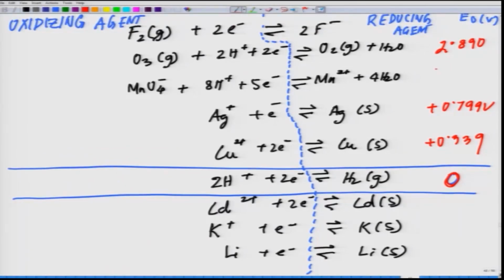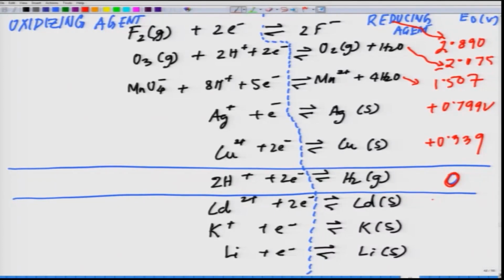Similarly, for oxygen, which is 2.075. For manganese, it is MnO4 minus, it is 1.507.